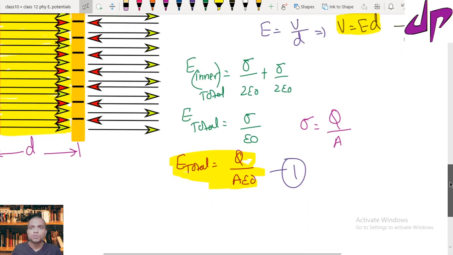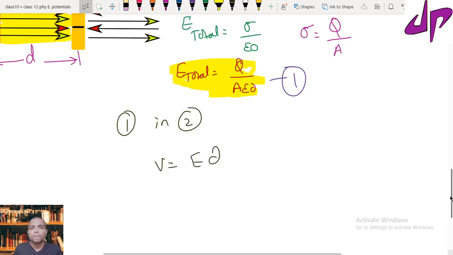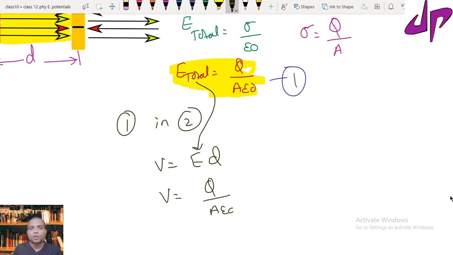Now you can substitute 1 into 2, V equal to ED. In the place of E, you substitute this value here, potential V equals Q by A epsilon naught times D.